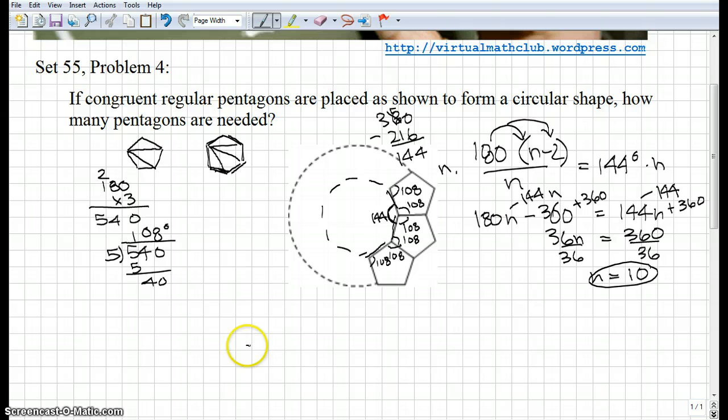And you can imagine that if you were a turtle walking along this polygon, you're going along in a straight line, and then all of a sudden you have to turn by a certain number of degrees here, and then you follow that along, and then you're going in a straight line, and then you have to turn by a certain number of degrees, and you do that so many times, and then you end up back where you started, and you've completed a whole circle, so that's 360 degrees.